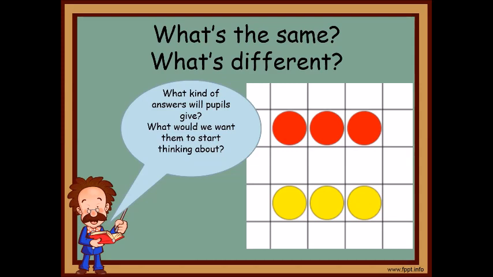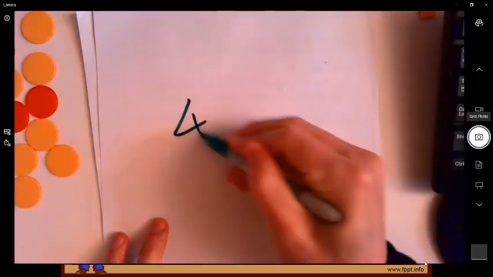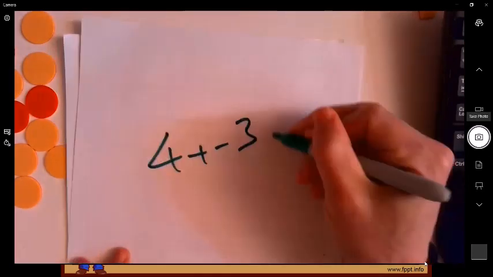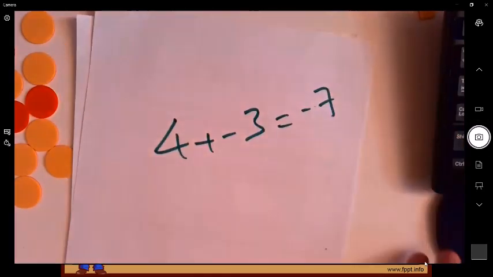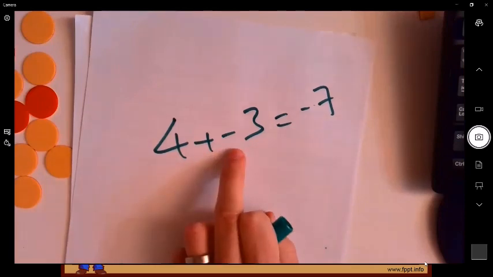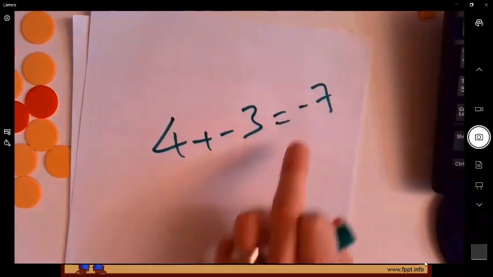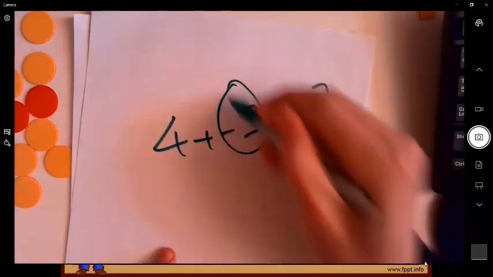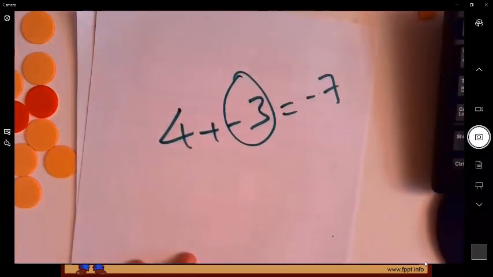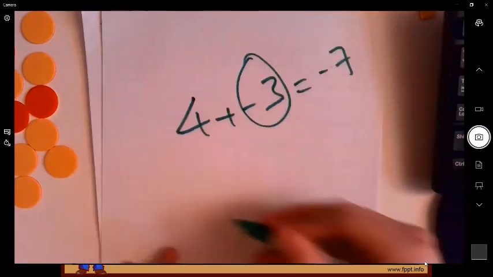And so I'm going to quickly just bounce over to the camera here because it's just been pointed out. If you've got 4 plus -3, we get this answer as teachers, don't we? -7, and that's because they've heard a positive and a negative, or a plus and a minus makes a minus. Now, how can the size of that -3 can only mean 3 movements across?